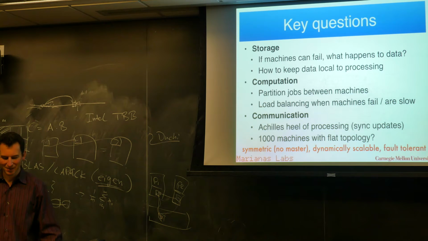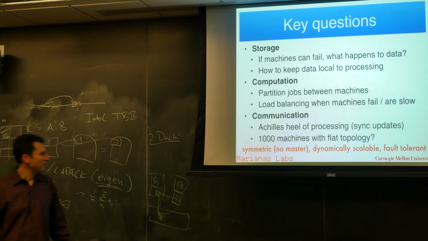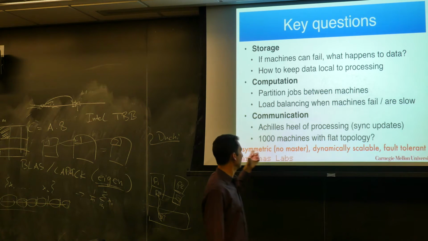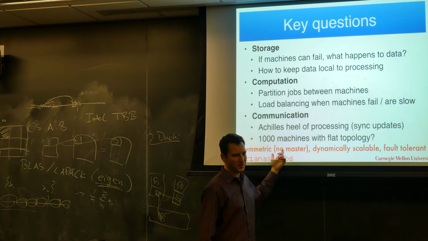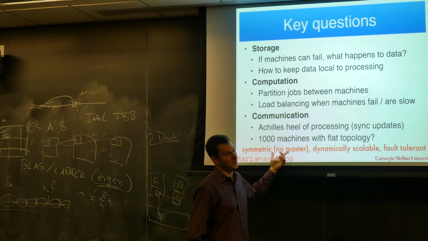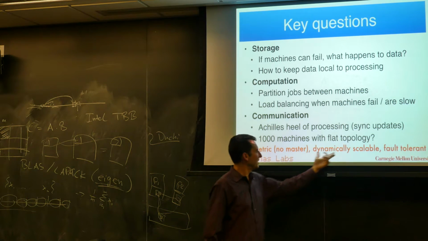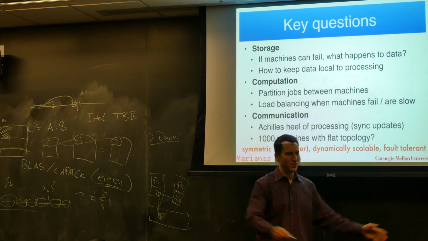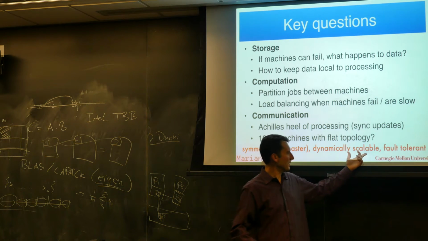Well, probably not. So the gold standard of what you might want to aim for is this. Symmetric, no master. So basically, there is no dedicated machine that controls everything else. Because usually if your master fails, you're dead, right? Dynamically scalable means I can add or remove machines as I want, and the system keeps on running.